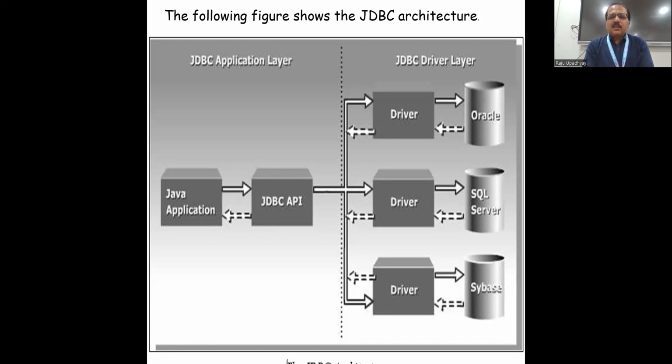It is going to convert the Java request into a language which can be understood by the database, and it is given to the database, and the database is going to perform all the needful work. That means the database is going to execute the Java application request and generate output.